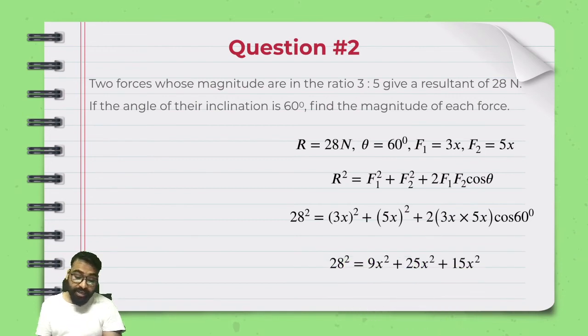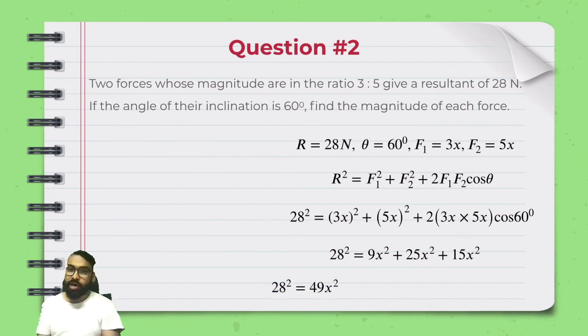So what can I say next? I can say 28 square is 9x square, 25x square, and these two cancel out. This means 15x square. So if you solve this up, you will get 28 square as 49x square. 49x square can be written as 7x whole square.